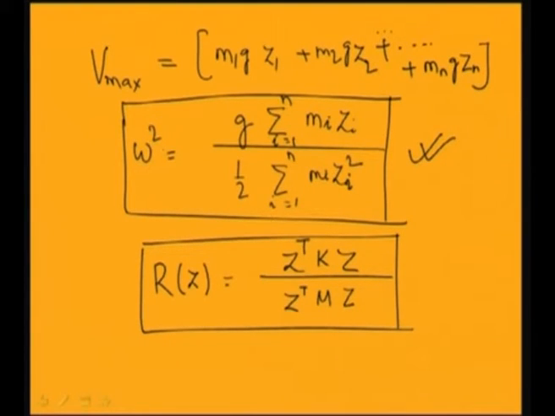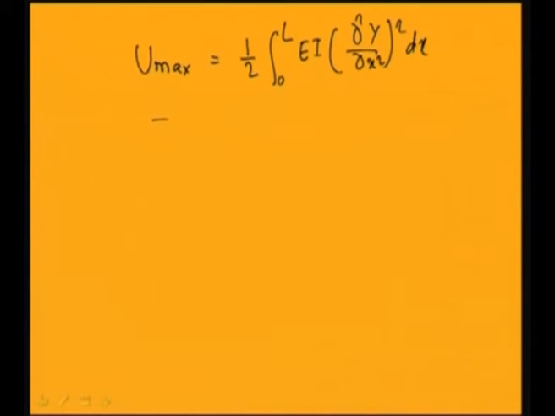So for a continuous system you can write this U max, that is the maximum potential energy, like this: it is equal to half integral 0 to L of EI (del square y by del x square) whole square dx, and T max equal to half omega square integral 0 to L y square dm.